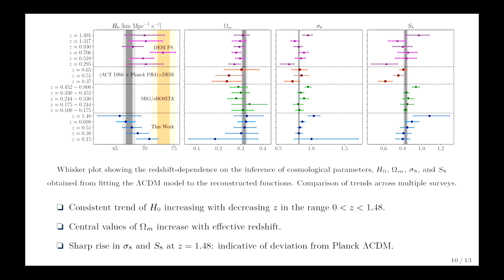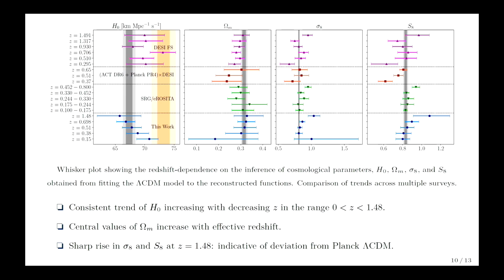For S8, we observe a similar kind of trend we find in the SDSS data, that at 1.48, 1.49 we find that there is again this tension between what Planck predicts, which is in more than 2 sigma tension. Also, a similar kind of effective increase in redshift is found in S8, but in all the 3 cases we find that there is an oscillating pattern.